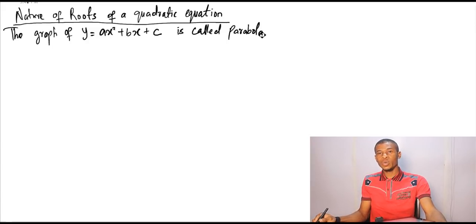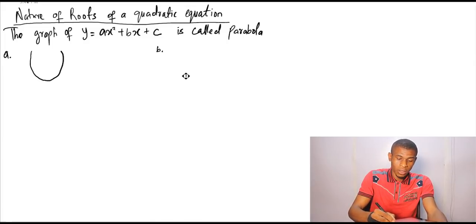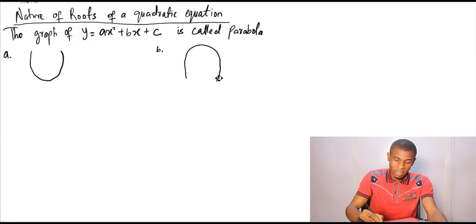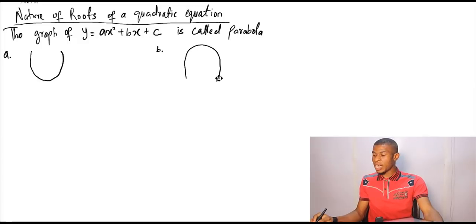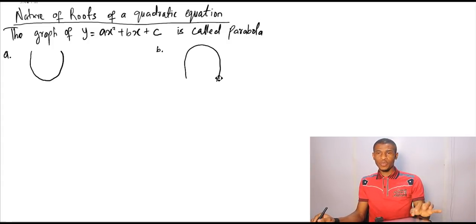If you draw any graph of a quadratic equation, it will look like a curve like this, or it will go this way. The graph is called what? Parabola. Now a question arises: why is the graph curved in one form like this, and also it can curve in another form like this?